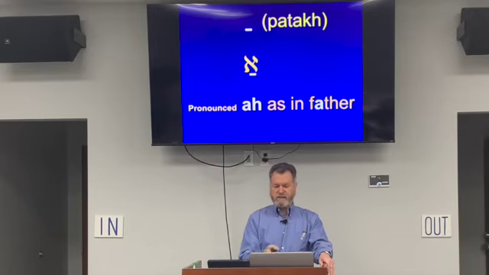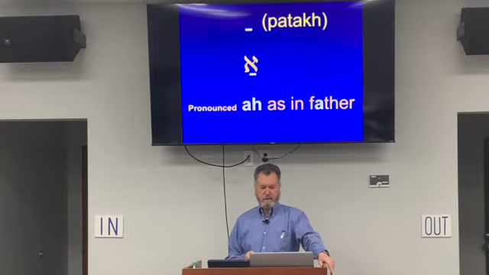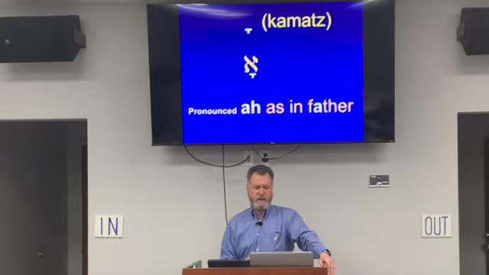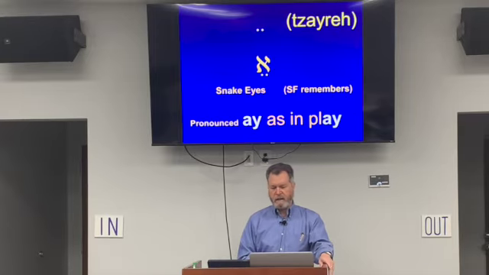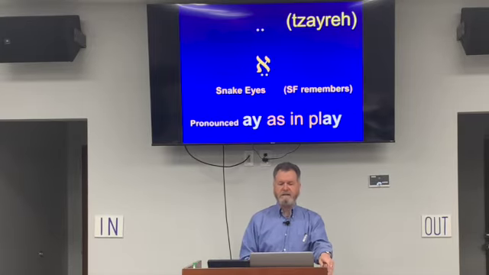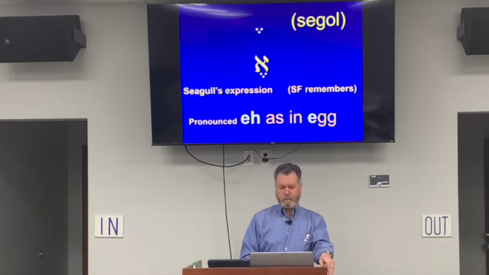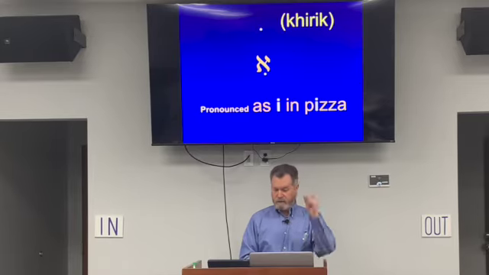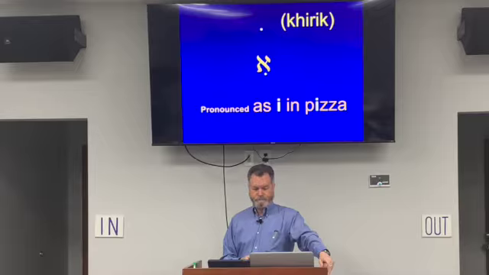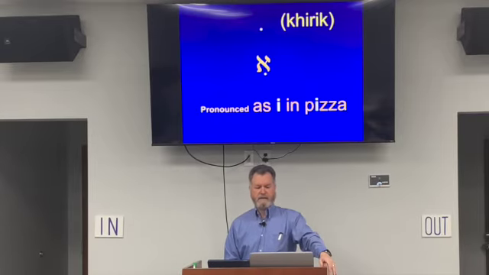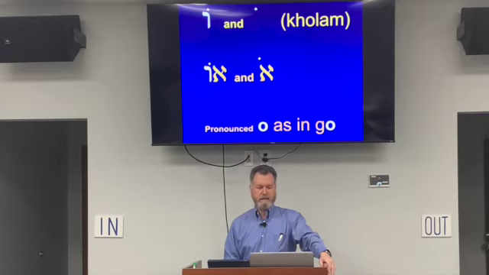So we just displayed both the dash and the kamats give us the ah sound. We'll re-emphasize that one. 2 dots give us the A sound. 3 dots give us a short E sound. Single dot gives us the I as in pizza. It's a long E sound actually if you're using English grammar.